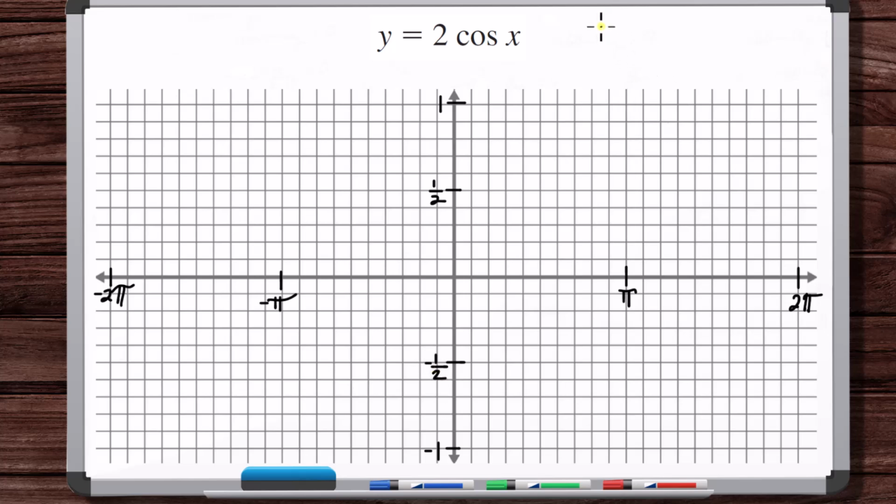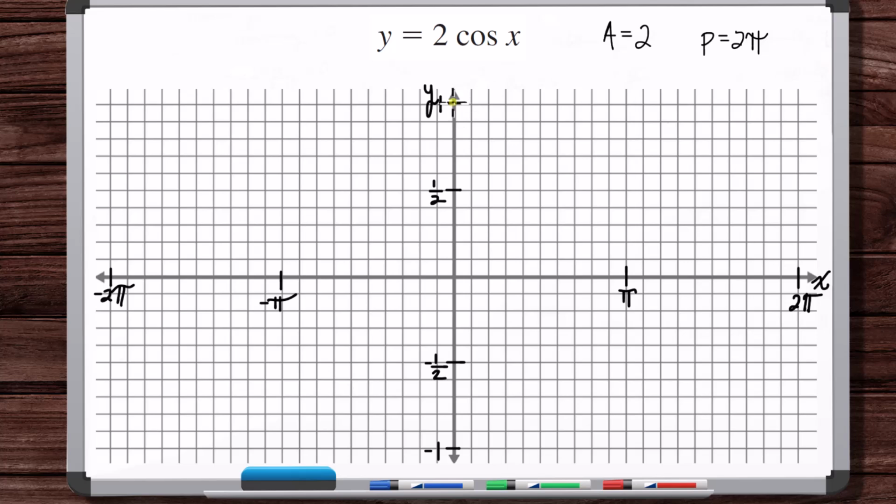We see here this is a cosine function that has been stretched about the y-axis by a factor of 2, so the amplitude is 2, and the period hasn't been changed, so the period is just 2 pi. So we have a cosine function untranslated left or right, and we know the cosine function at the origin is going to be 1 or minus 1.